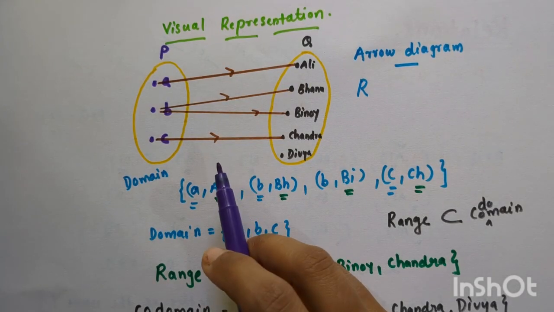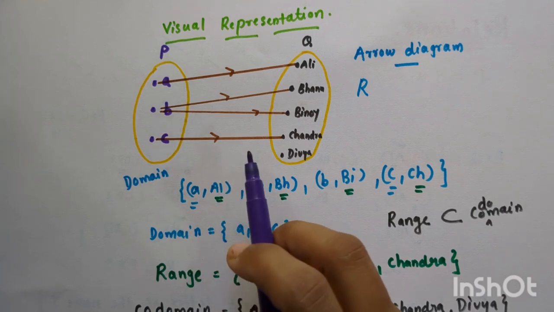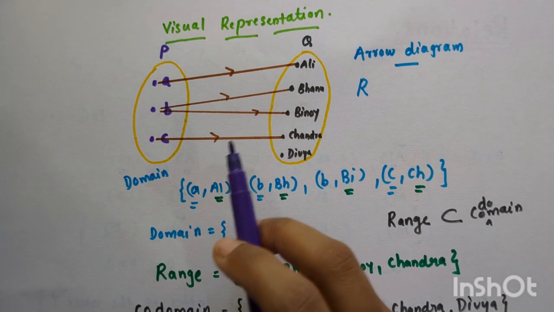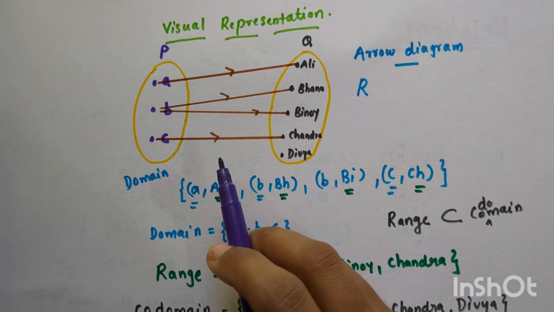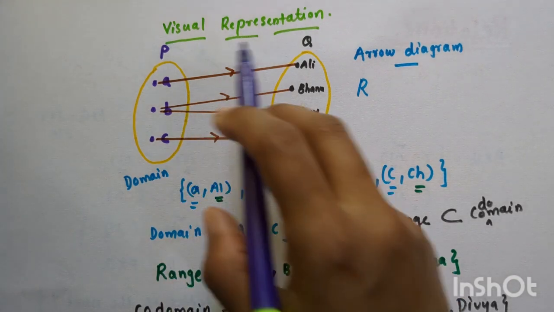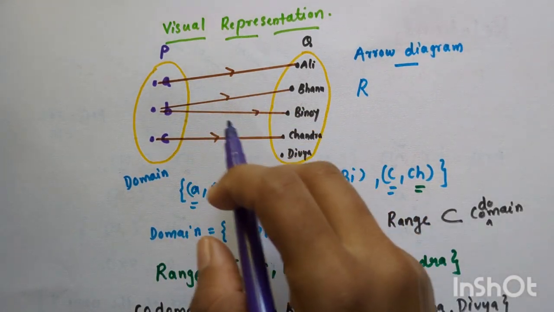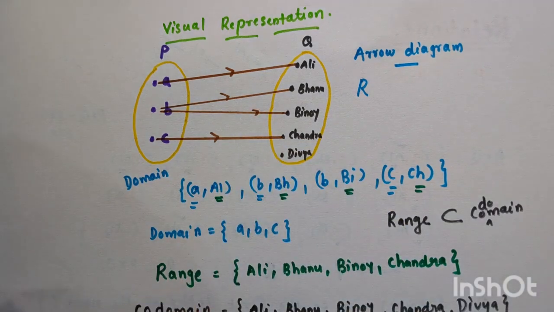A relation may be represented algebraically either by the roster method or by the set builder method, which we have already discussed in the first chapter. An arrow diagram is a visual representation of a relation.